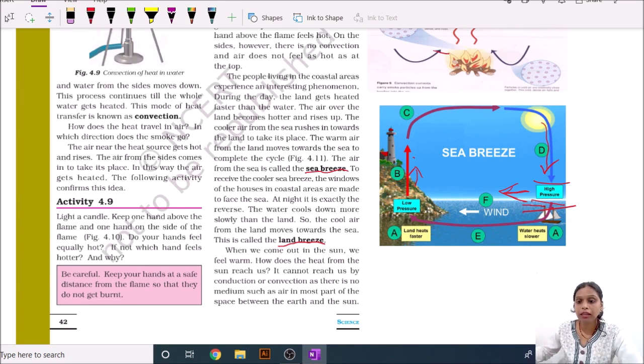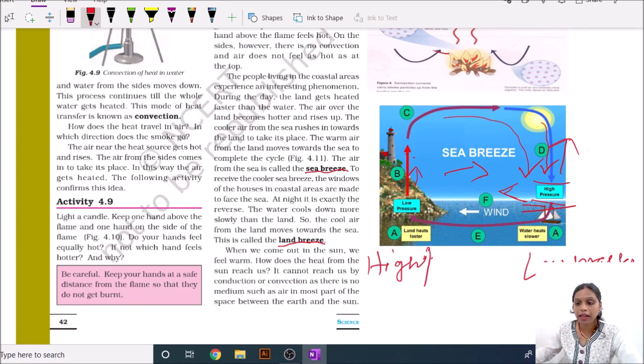At night time, the land cools more quickly than the sea. That's why what happens is that the sea air rises up, and the air that is present over the land fills that area, and a low pressure area occurs over the sea, and a high pressure area starts on the land.